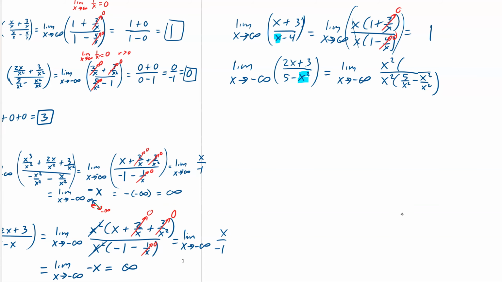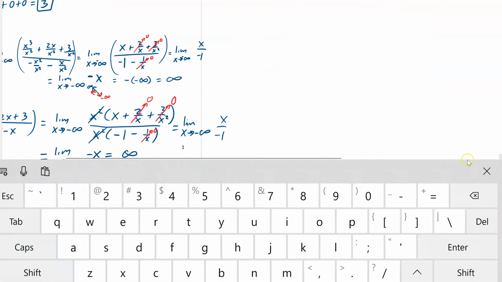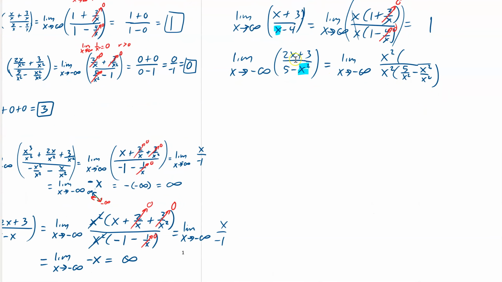And then this already has 1, so I would factor out 1 and be left with 1 more. So this is 2 over x plus 3 over x squared. Cancel, cancel, goes to 0, goes to 0. And we would end up with on the top 0, and on the bottom cancels to make 1. So it would still be 0.